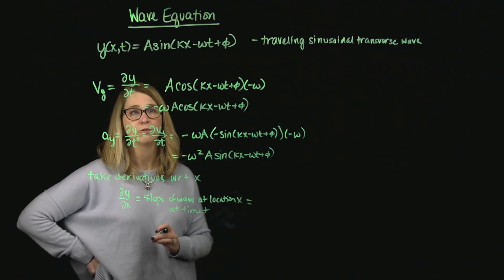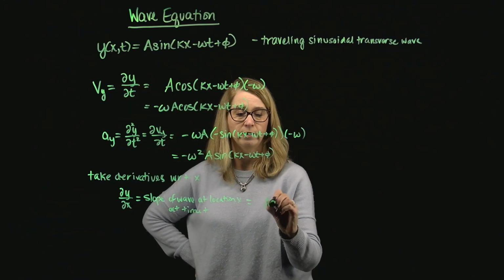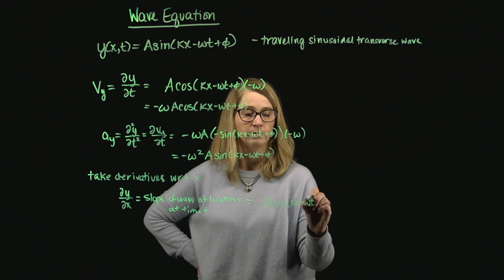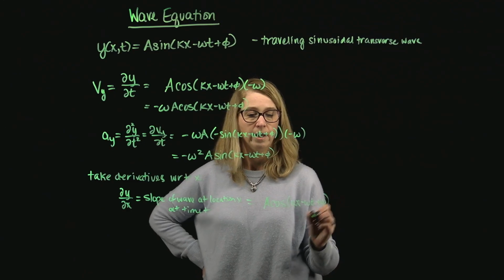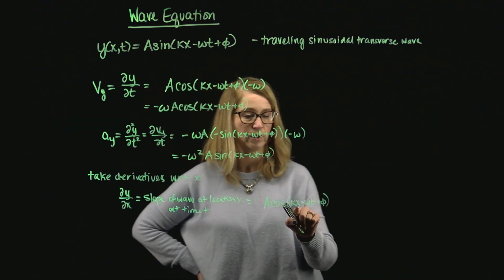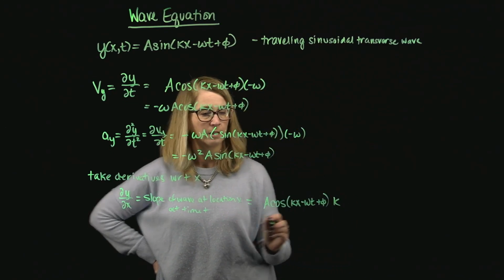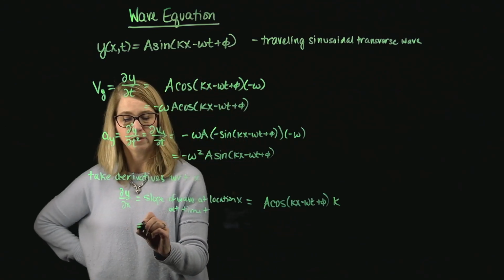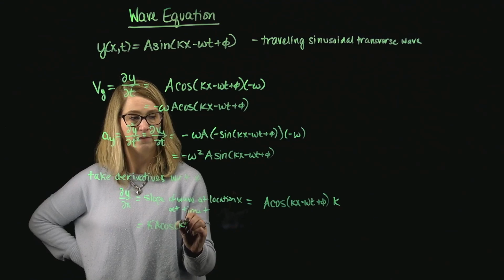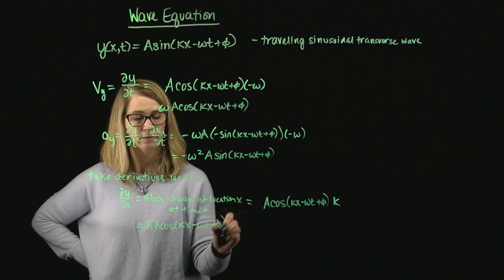And if I take that derivative, I get the derivative of the sine, which is cosine. Then I have to take the derivative of the angle, kx, and that gives me a k. So this gives me ka cosine of (kx minus omega t plus phi).